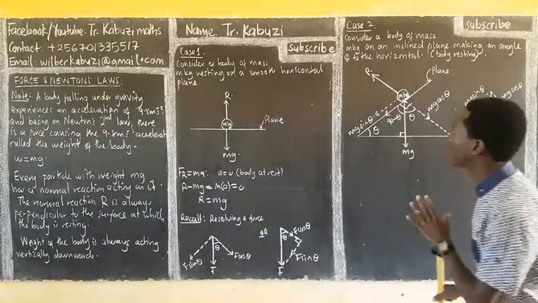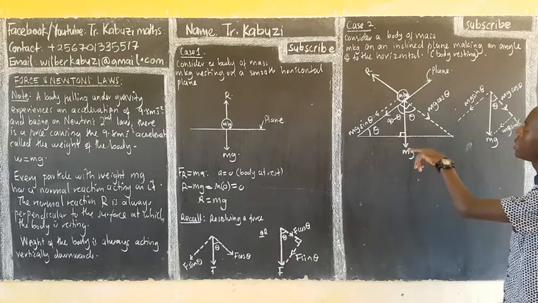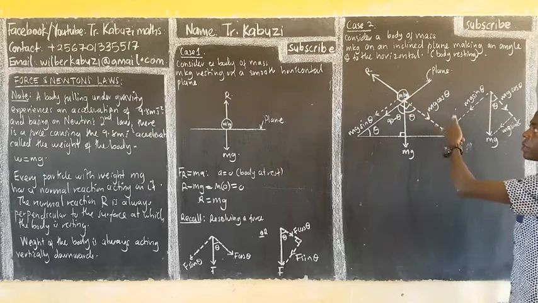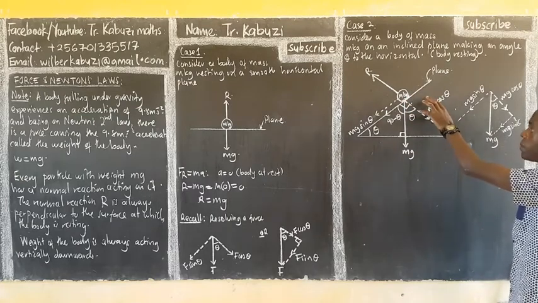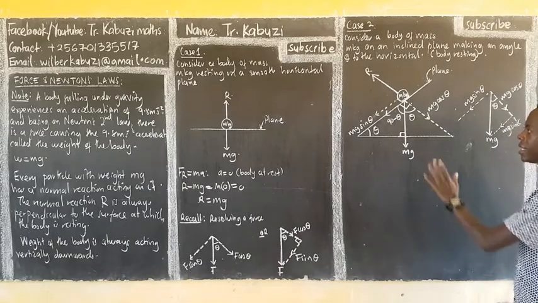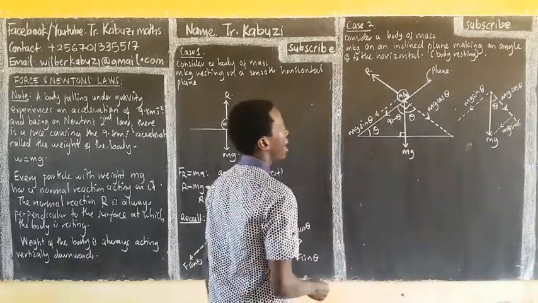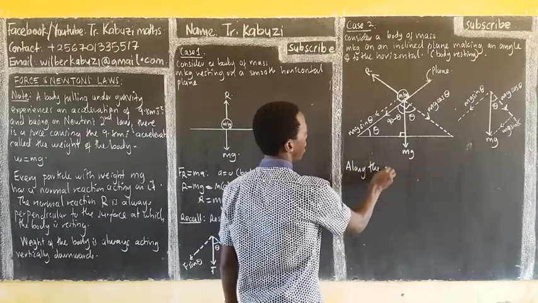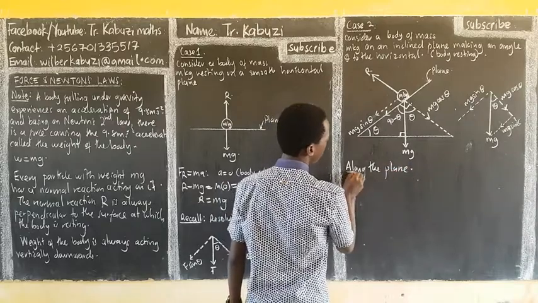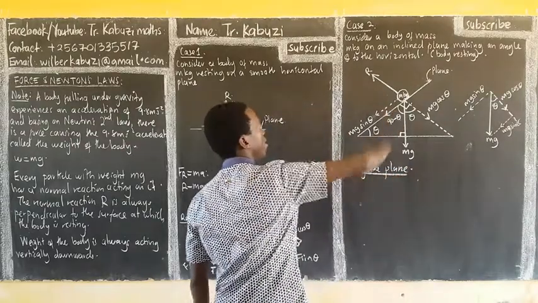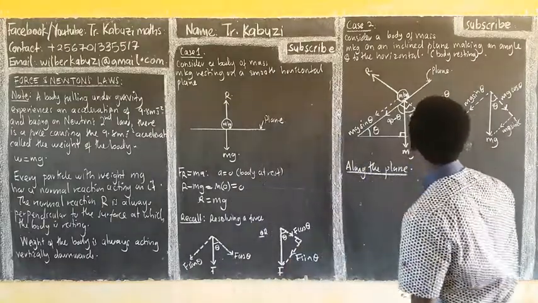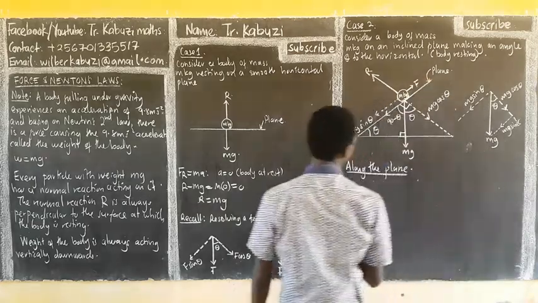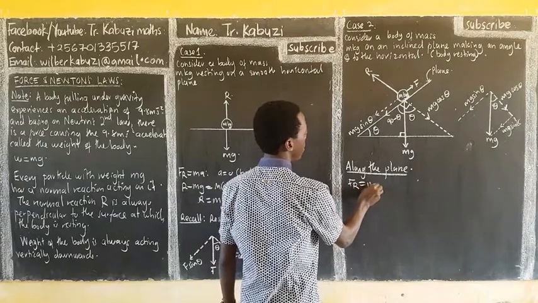So in simple terms, whenever you are given a particle on an inclined surface, we are always going to say this is the force acting along the plane like this. It's going to be mg cos theta, and this one is going to be mg sine theta. So that's the derivation. Now, because the body is resting, if you are resolving along the plane, and we are assuming that there is a force F acting on this particle like this, remember, our resultant force is always equal to ma.